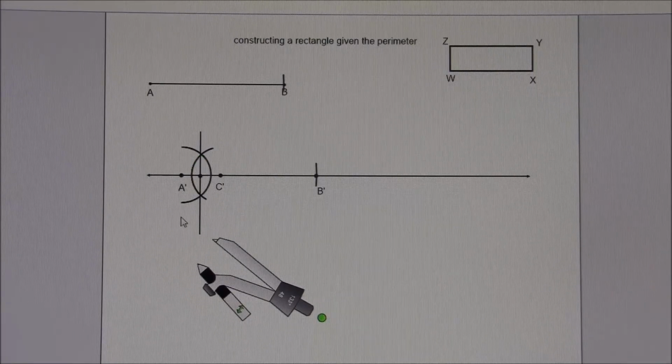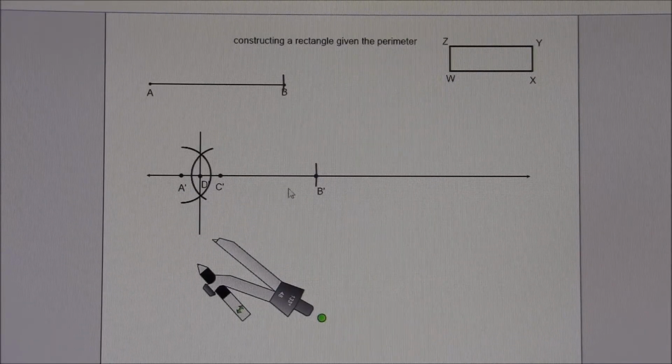Let me call that D prime. I don't know if you can see that or not, but it's right there. So that means A prime D prime is this distance XY. D prime C prime is this distance ZY. Alright. Which leaves me from C prime B prime.